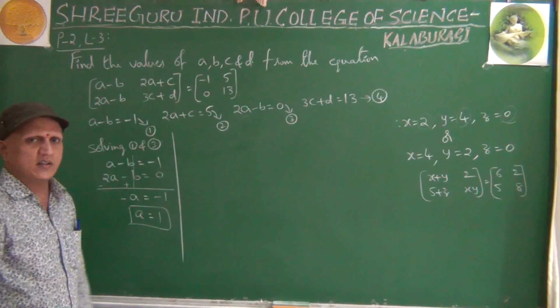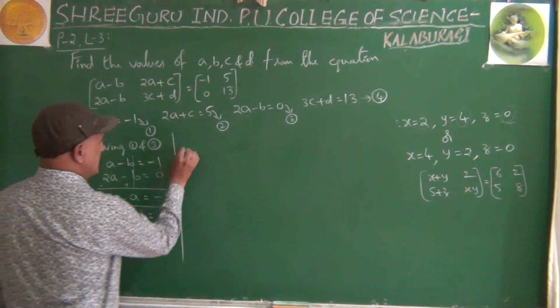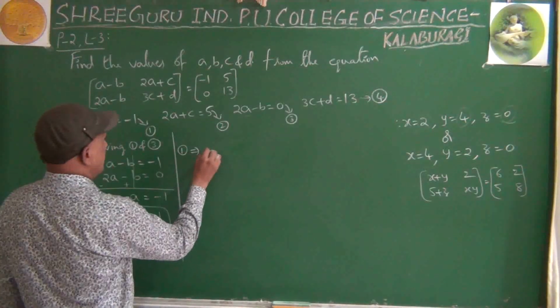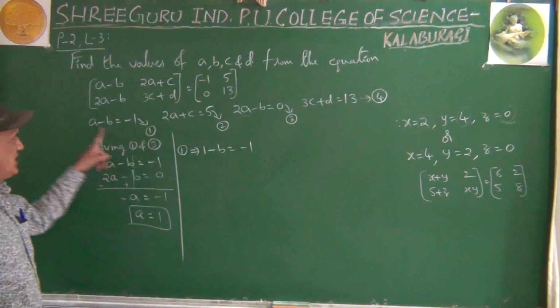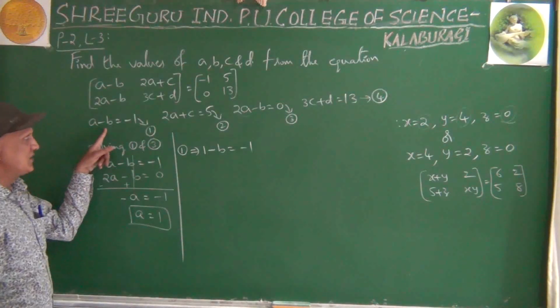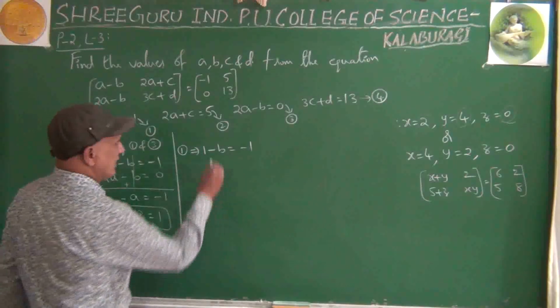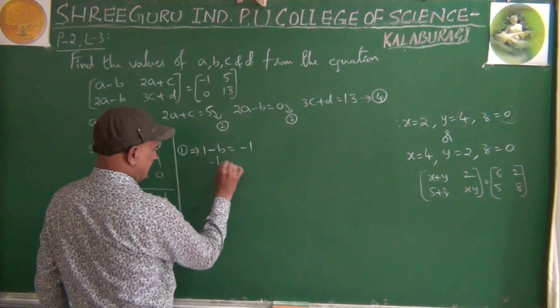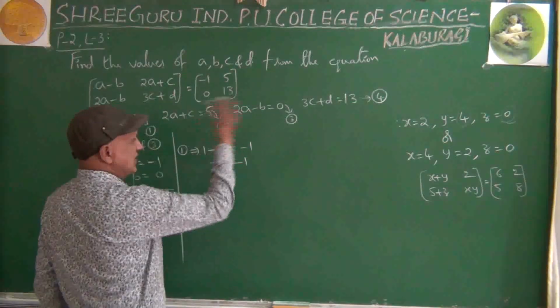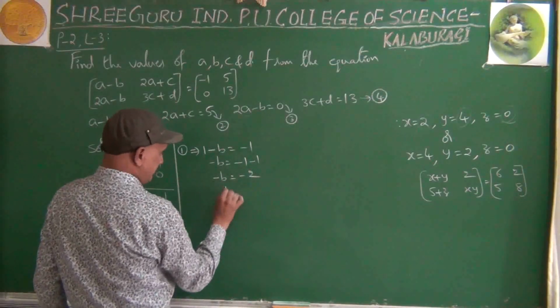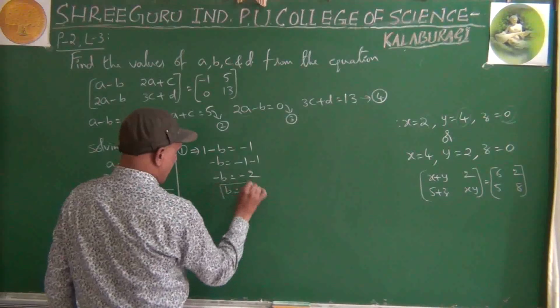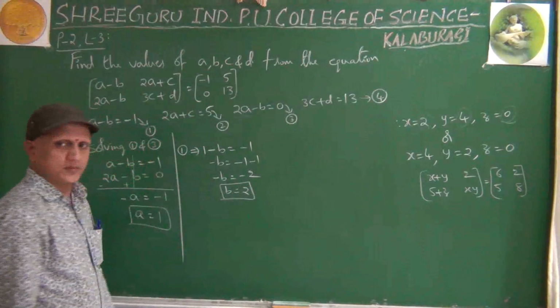Substitute in equation 1. Equation 1 implies a value 1. 1 minus b equal to minus 1. Minus b equal to minus 1, this 1 will go that side, minus 1. B equal to 2.